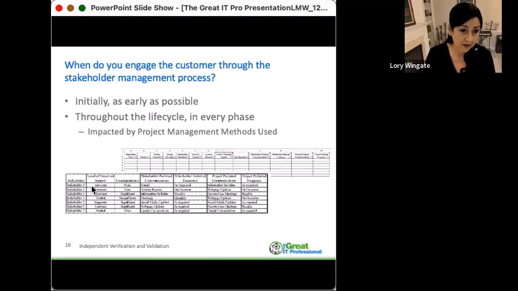Let's just say the first stakeholder is your customer, and you don't perceive that they're very supportive, but we're highly interdependent on them, and they really aren't interested in much communication, but you need them to be much more communicative. You can document all of that, and then you would develop your plan around that. So you want them to engage with the project in the right ways based on how you are managing your project with your project management methodology.